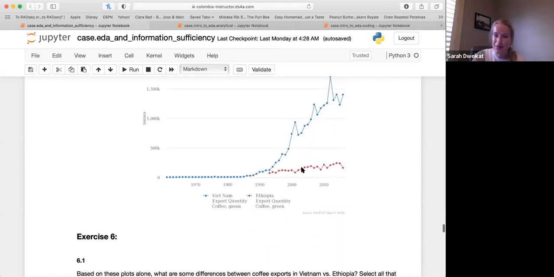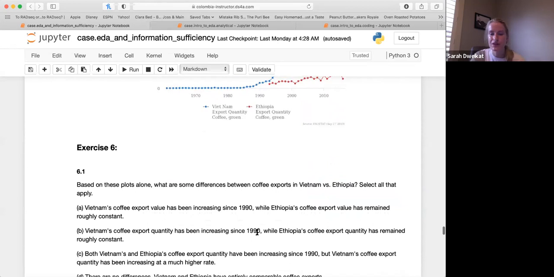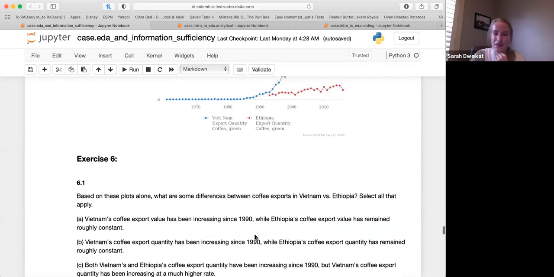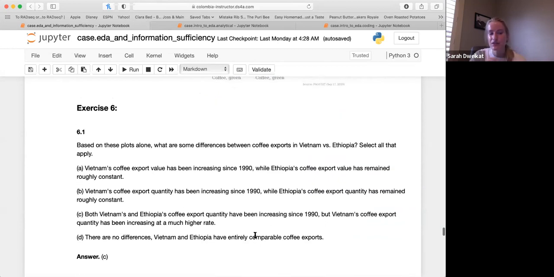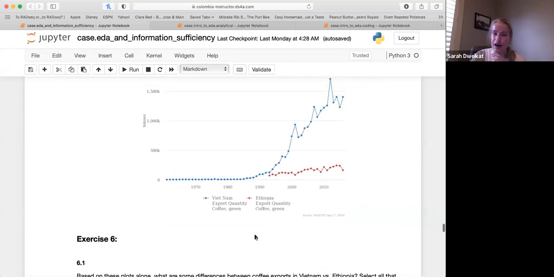And this is kind of a slight increase over time, and you can see that Vietnam is drastically increasing at a much higher rate. So you could say it really depends on what you define as roughly constant versus slightly increasing. So the technically correct answer here is C, since it has been slightly increasing, but in my opinion, I think B is also valid.